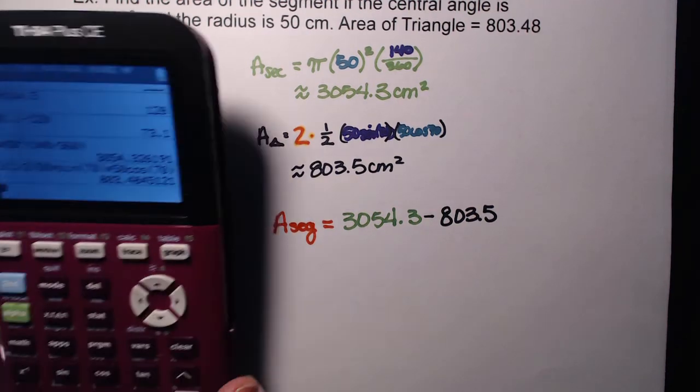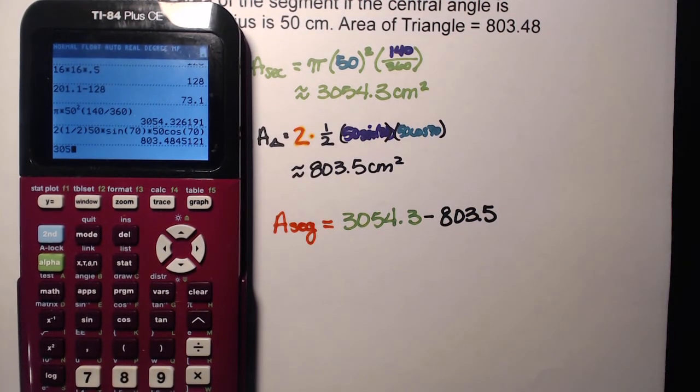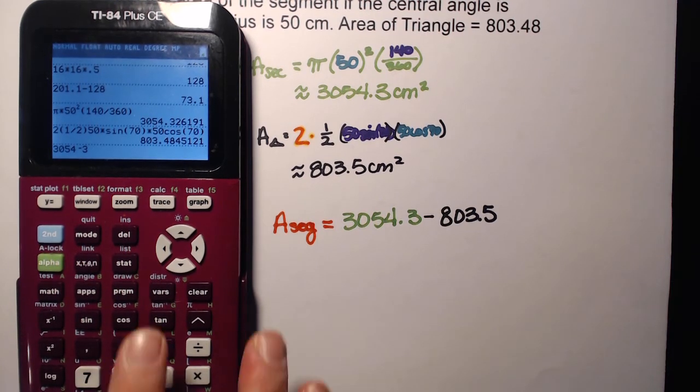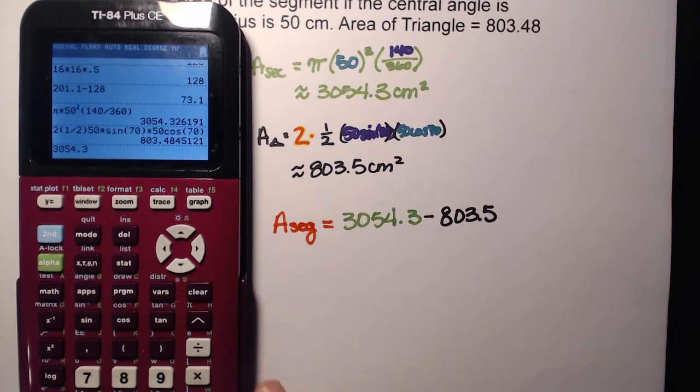Okay, so that's what we're going to do. Let's take that 3054 and 3/10. There we go. Minus 803.5.